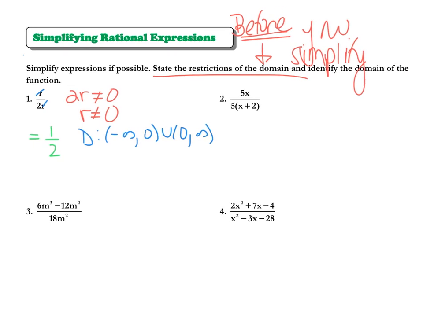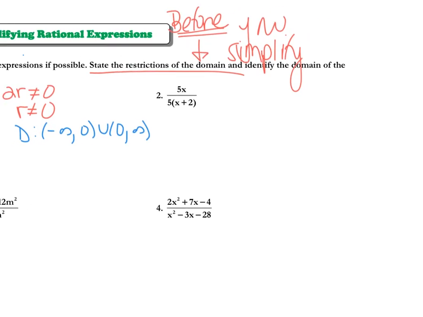So on that note, let's take a look at number 2. Before I start canceling anything, I'm going to set the denominator equal to 0, and that's what x cannot equal. Remember that the only time we worry about what x cannot equal in the denominator is if there is a variable in the denominator, right?